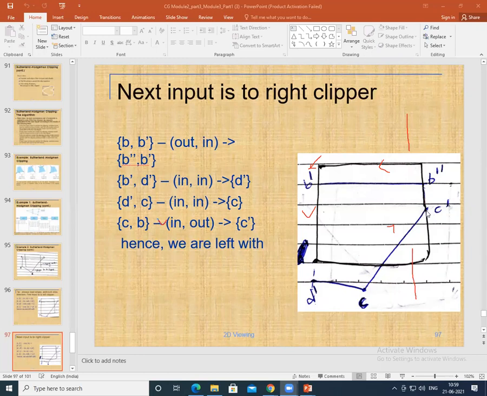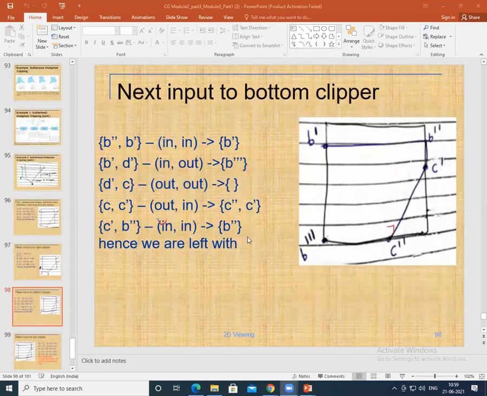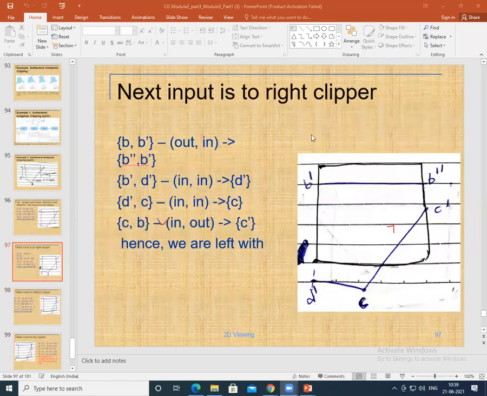Now we are left with the bottom and top clipper. This is the intercept that we have got after clipping from the right clipper. Now coming to the bottom clipper. To this diagram, analyze with respect to the bottom clipper. This is a border we have.